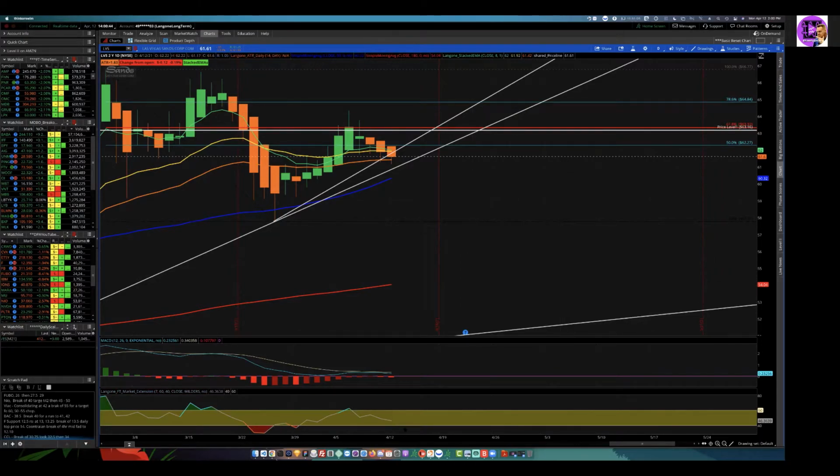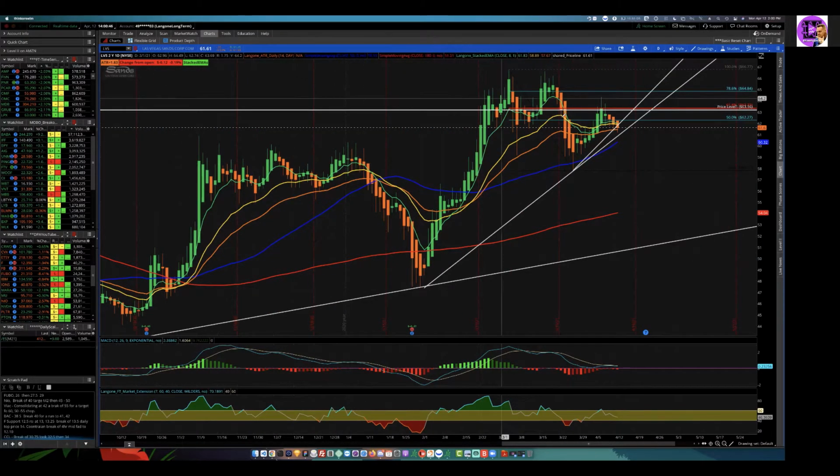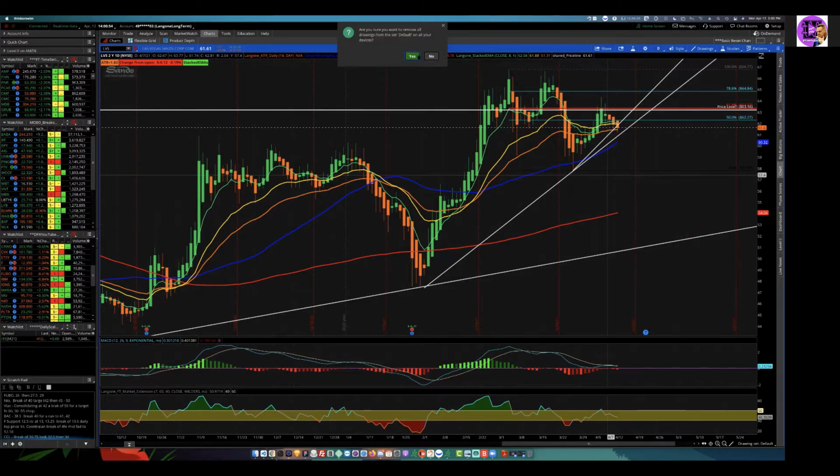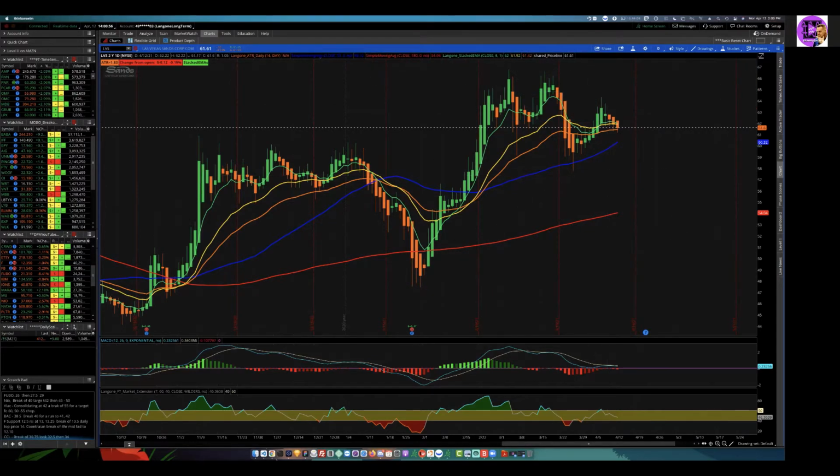LVS on the daily has come down, and it's starting to form what I call the woo pattern, or what the group calls the woo pattern. Sorry, I'm going to get this someplace. There we go. Simply put, price action comes down, finds support.